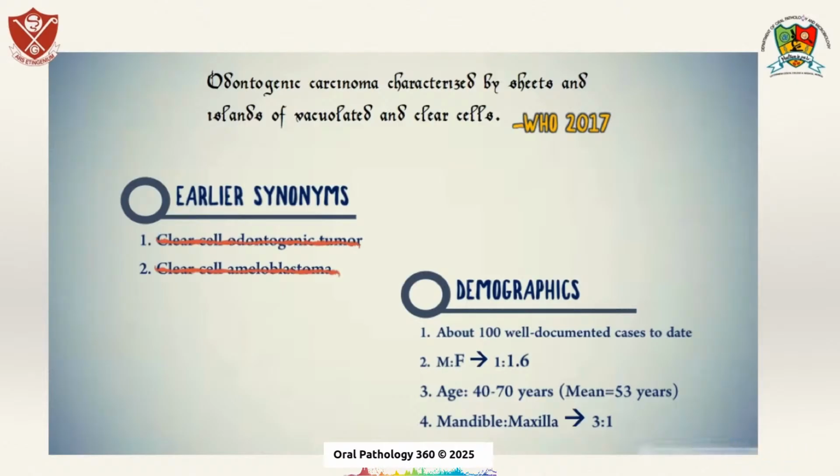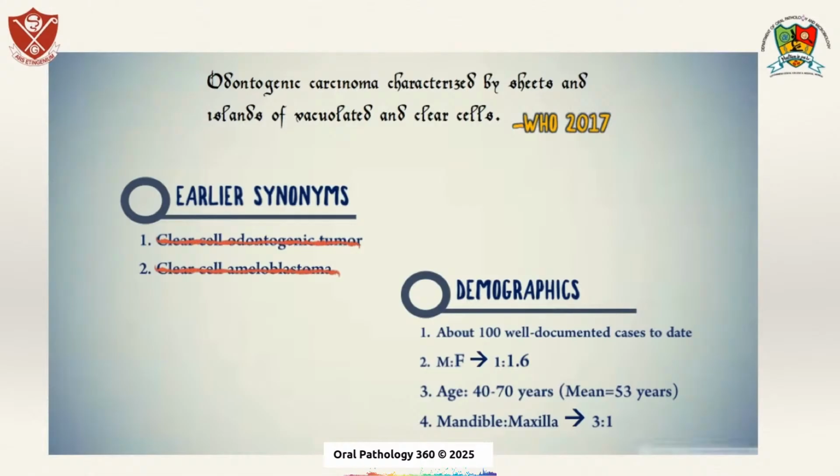The earlier synonyms were clear cell odontogenic tumor and clear cell ameloblastoma, which various authors had previously given because of its similarity in histopathological features. But now both these terms are obsolete, and the use of the term clear cell odontogenic carcinoma has been recommended by the WHO in 2017.